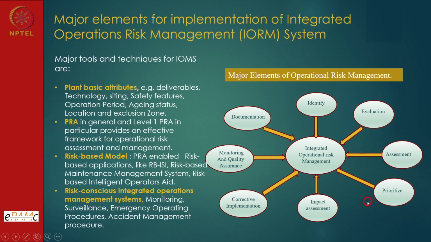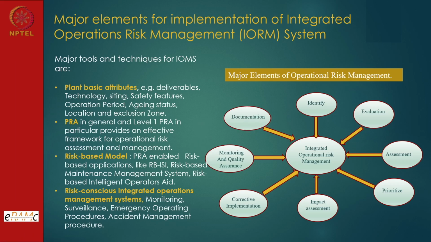Then prioritize, assess the impact, corrective implementation, monitoring, and then feedback and monitoring is very important, and then quality audit assurance program on this, and documentation, and then again it ends here, and this feedback monitoring depends on the time, how long it can go.